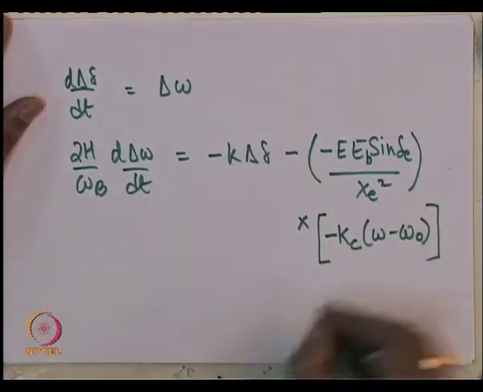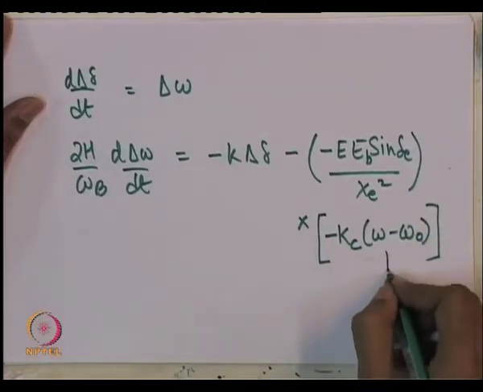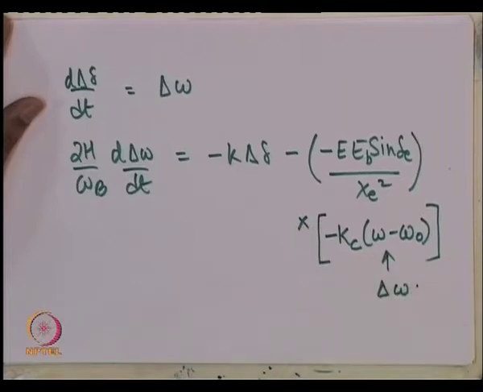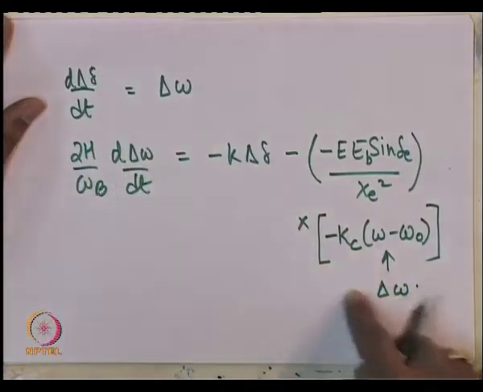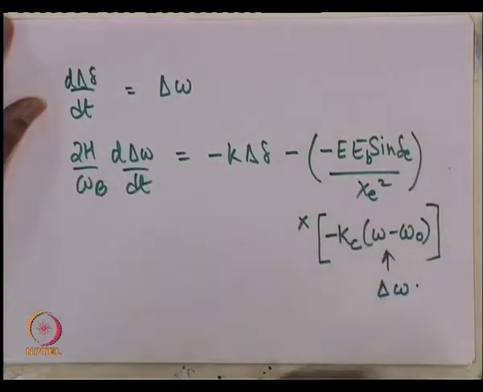Omega minus omega naught is nothing but delta omega. So you now have a term which is proportional to delta omega.